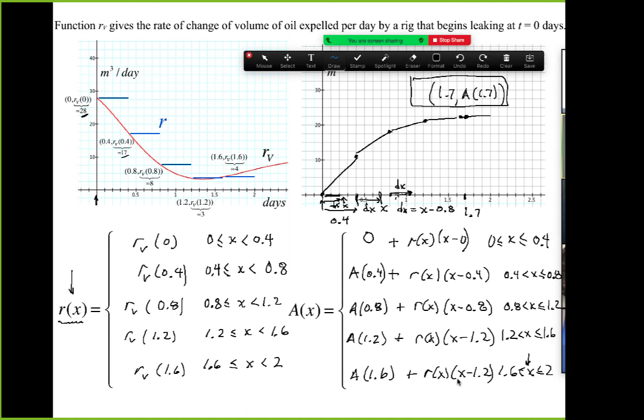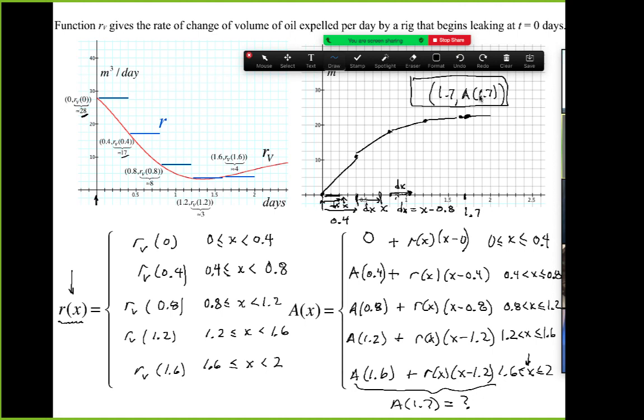Can put 1.7 in here and crank this out, but it has to use 1.6 from the previous line. And actually, it's going to have to use 1.2 from the previous line. So it's going to actually work through the whole thing, and it's going to give us a number for A of 1.7. Okay, and then that's that point on the graph, 1.7, A of 1.7.